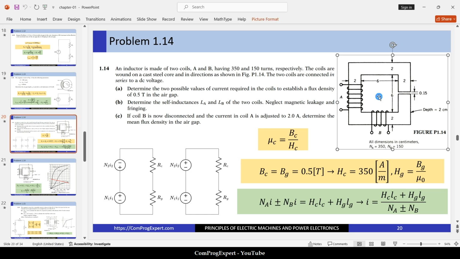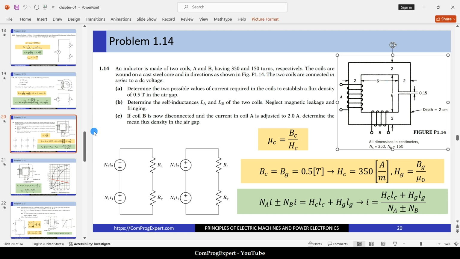So how can we calculate the amount of current for the coils A and B to build up 0.5 Tesla in the air gap? We don't have any information about fringing or leakage flux, so we can neglect those effects.